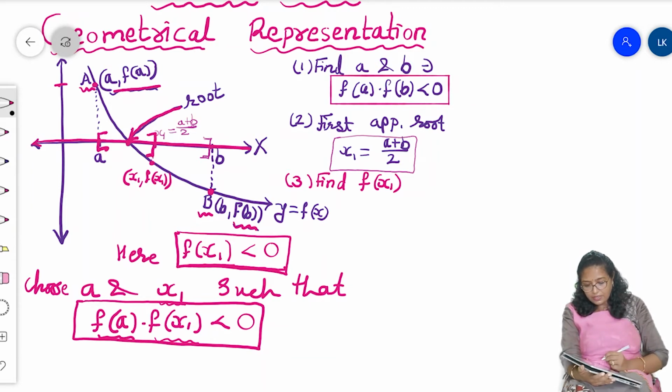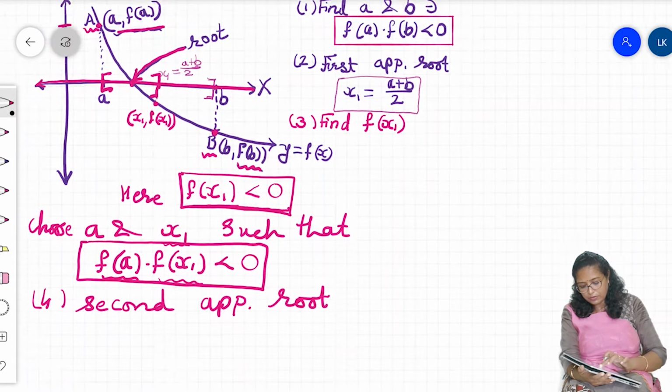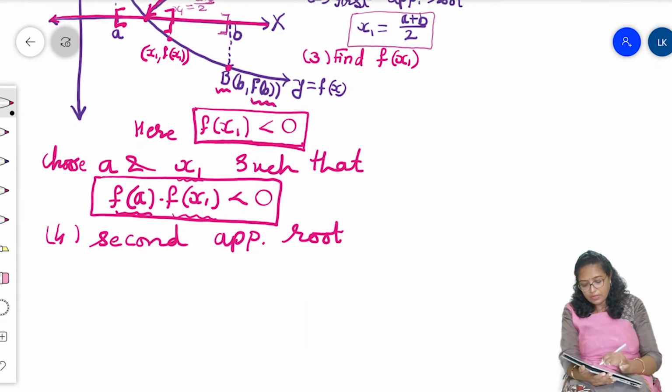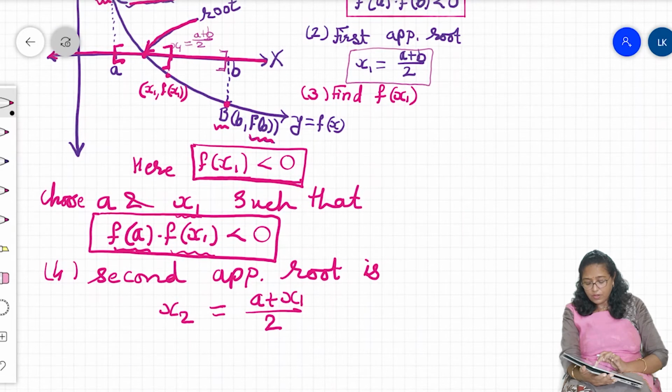That is our second approximate root, in the fourth step. The second approximate root is x2 equals (a plus x1) divided by 2.